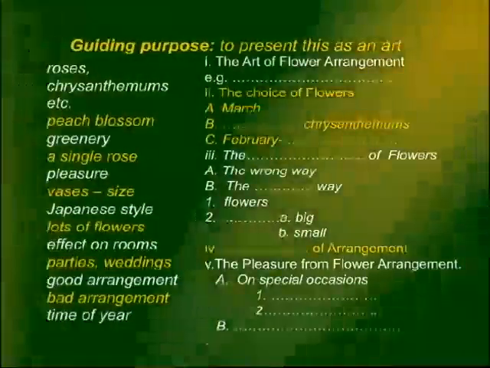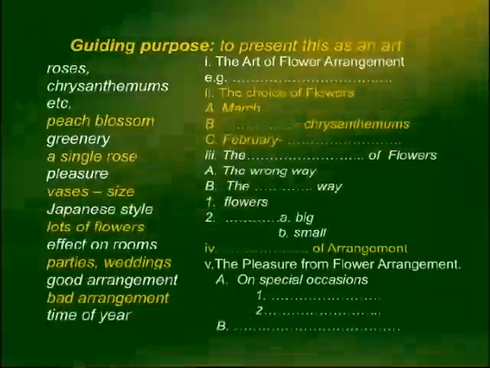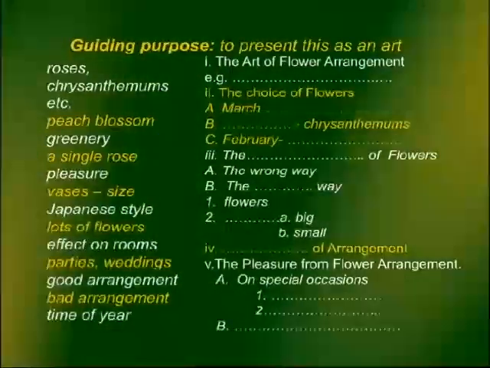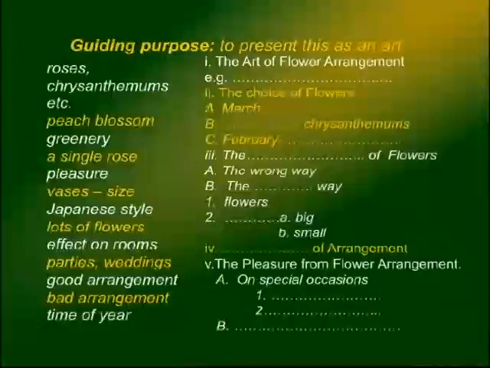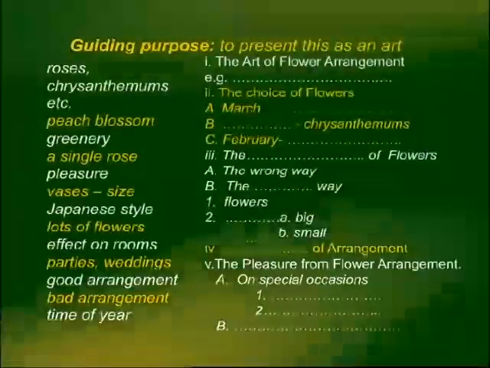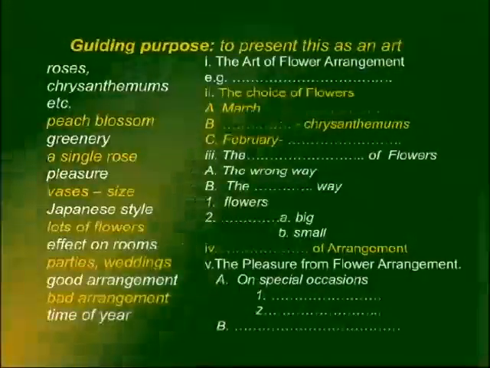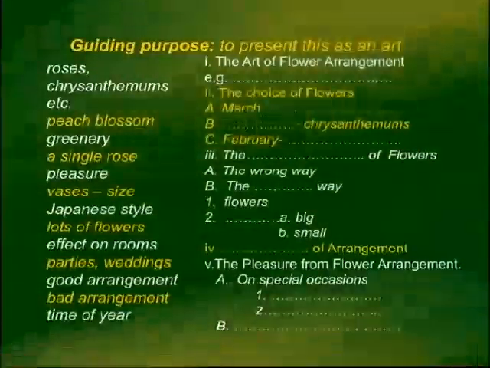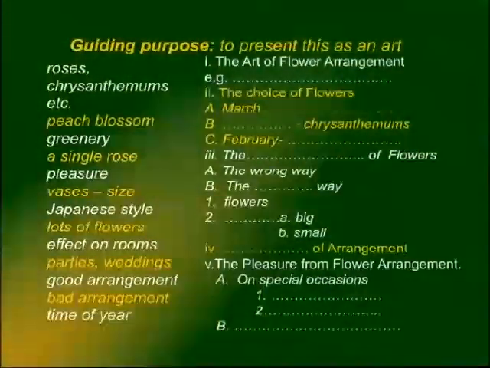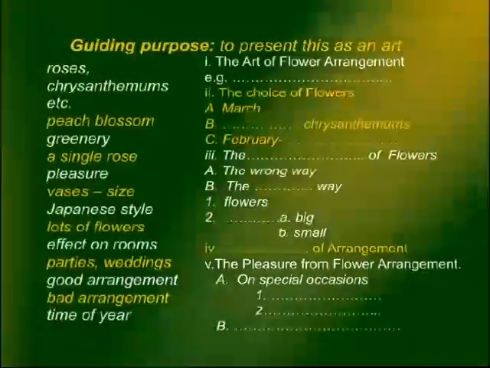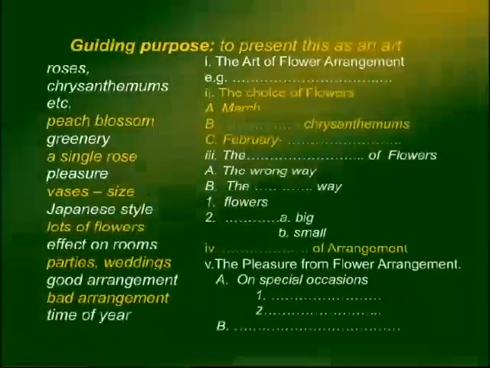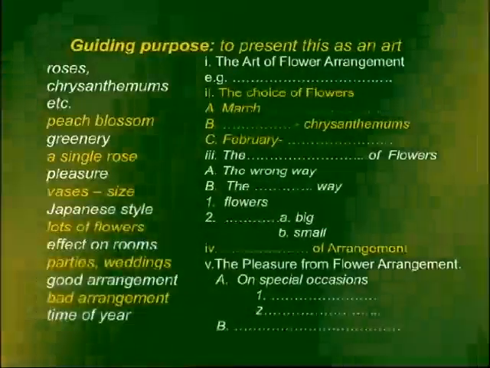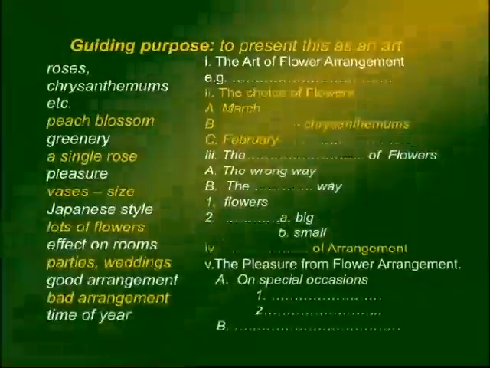What is required for it to be a good arrangement? What is required? What is it that goes wrong and you say it's a bad arrangement? And then you think of the time of year when you have flower arrangement competitions. So these are all the kinds of ideas that come into your mind, and as they come into your mind, you just jot them down on a piece of paper.